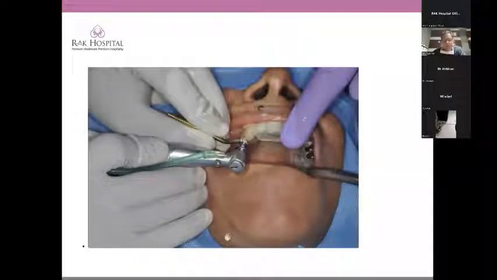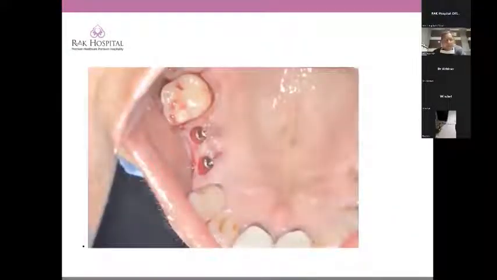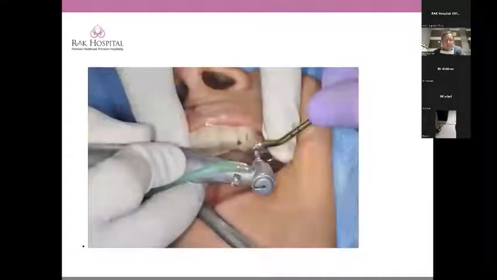So anatomy is taken into consideration. We are not going to go too close to the adjacent teeth. We are not going to perforate the sinus, because all this checklist is already incorporated into the treatment plan. So you see within a few minutes you have both the implants in place, ideal location, ideal placements, and the patient can have future teeth in more or less an ideal situation.